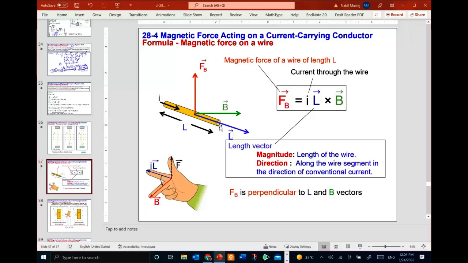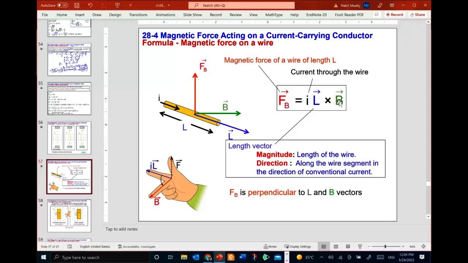If we define this vector, and this is the magnetic field vector, the wire will experience a force given by the current I times the length vector L crossed with the vector B.